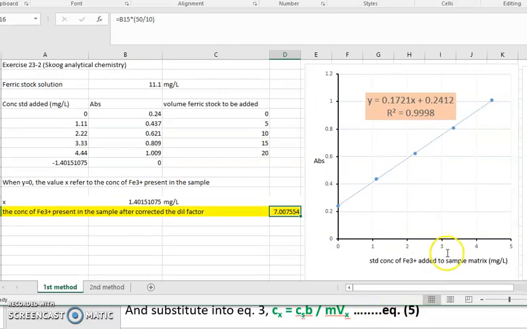Because of that, we have to multiply by the dilution factor in order to get the real concentration in the samples. Hope you can understand from this video, and thank you.